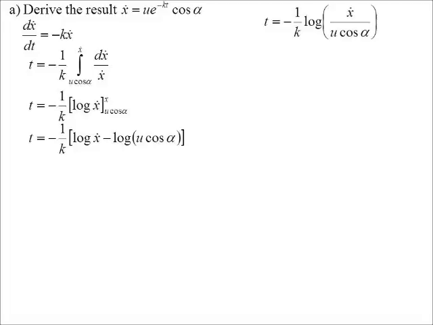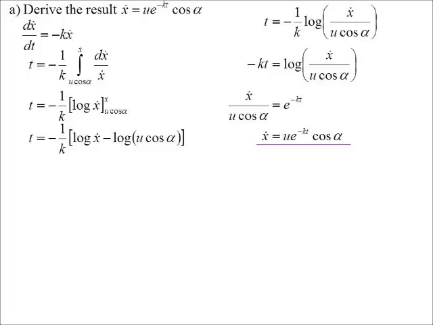It's still the same as normal. dx dot on x dot is a log function, so we get minus 1 on k log of x dot, subbing in. Now that's t as a function of x dot. We want to make x dot the subject. Multiply by k, exponentialize both sides, and we get our expression for horizontal velocity.